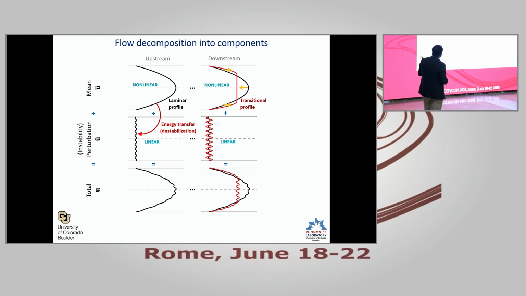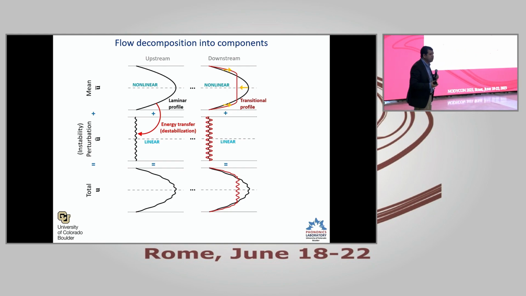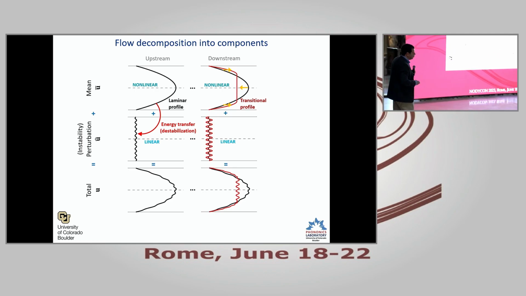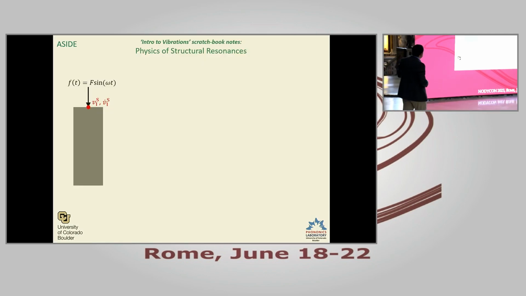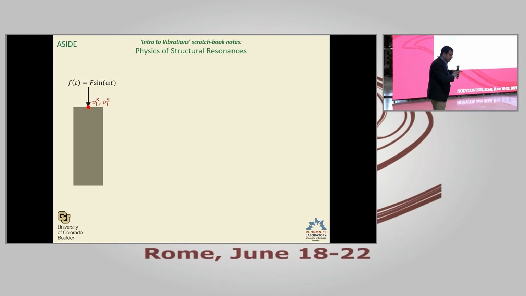All right, so underlying this mechanism is a delicate energy transfer. Obviously, the instability needs to get its energy from somewhere, so it gets its energy from the mean flow, and then gradually, that's how it grows and becomes dangerous, in the sense that it would lead to breakup. So this was just a quick intro on the fluid side.